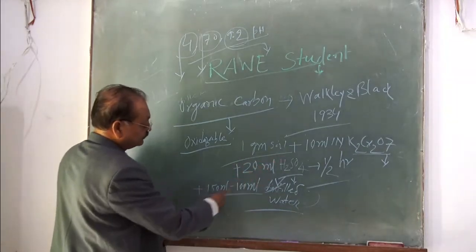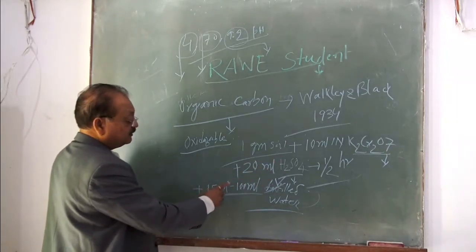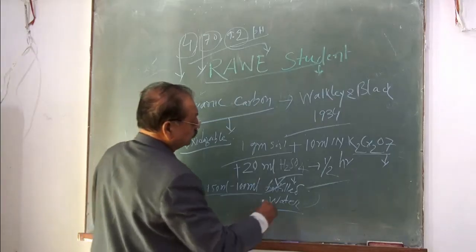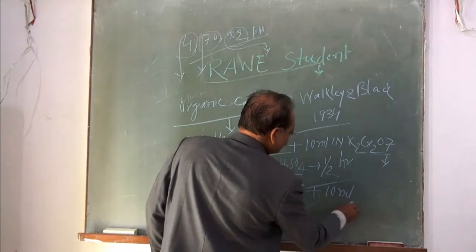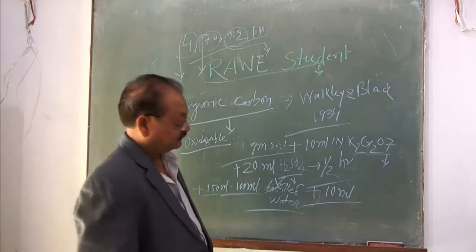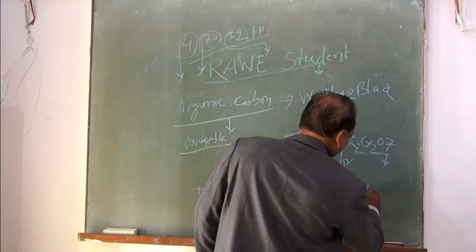Then after addition of this distilled water, you add 10 ml orthophosphoric acid, H3PO4.